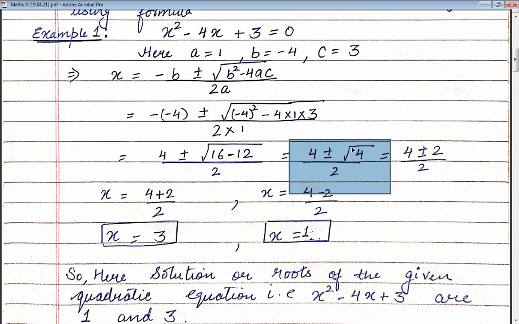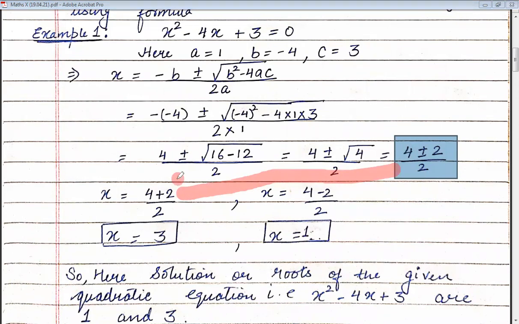Further, you know the value of square root 4. Square root 4 is 2. Now the value of x is 4 plus minus 2 whole upon 2. So from here you will get two values of x, that is, the first one will be 4 plus 2 upon 2.